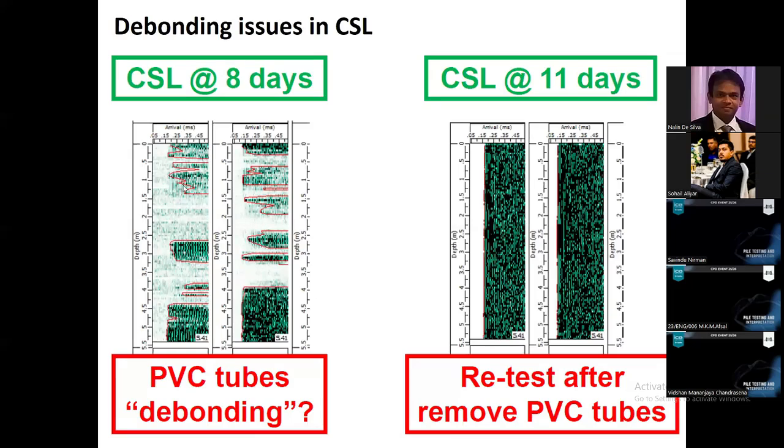This can happen if you forgot to fill the tubes with water before concreting or immediately after concreting. So this is the same pile. After detecting this kind of debonding issue, they removed the tubes and retested, and you can see a very good wave response. So there is no defect along the pile shaft, but there are debonding problems.